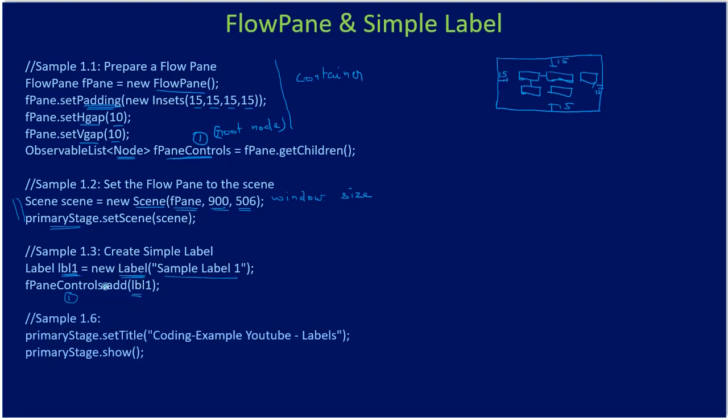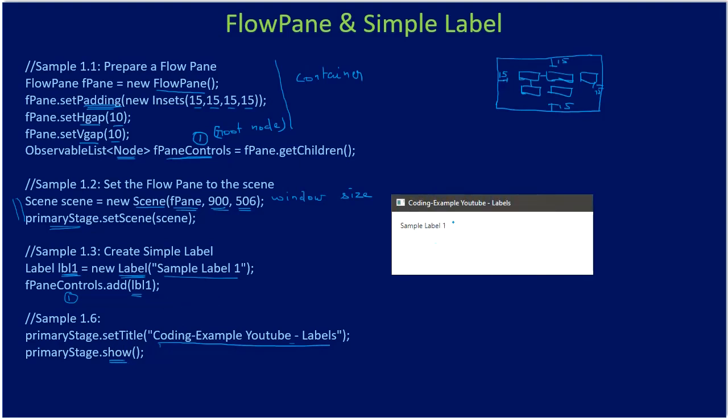After doing all this, we are setting the title for our primary stage. The primary stage already has this scene. Now we are setting a title, coding example, YouTube, label. Then we are showing the primary stage. That means the window will be presented, and the window will have the label which we created here.